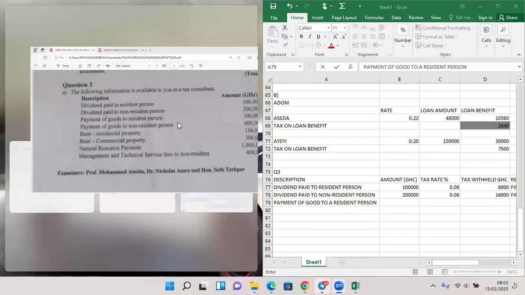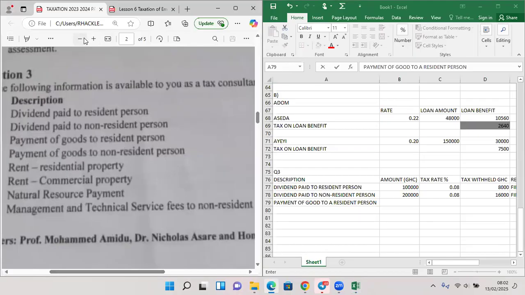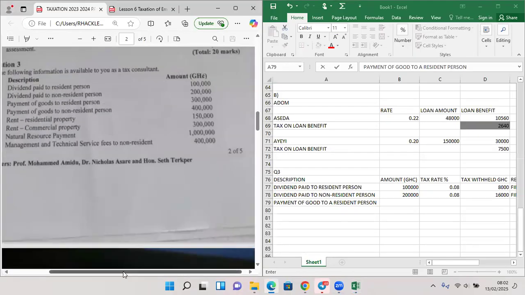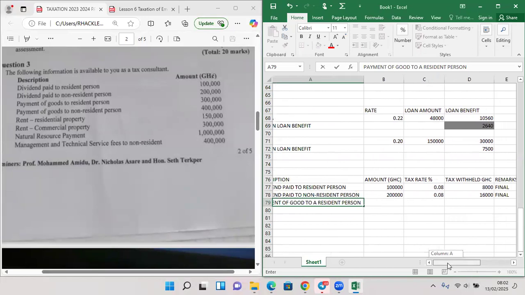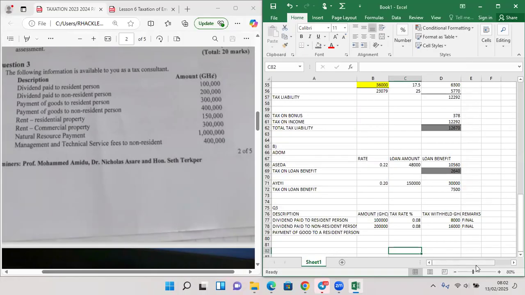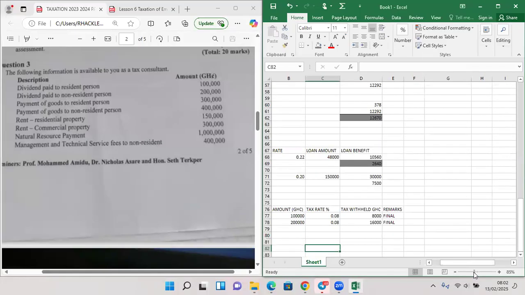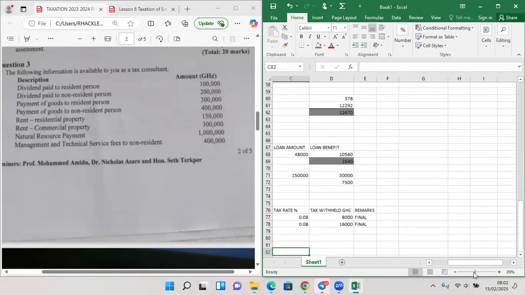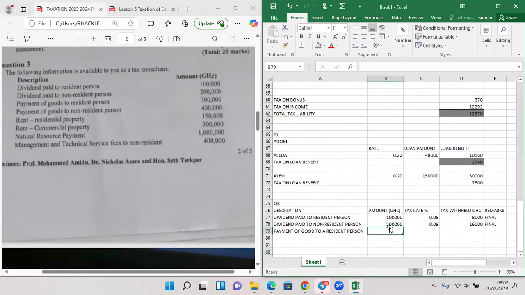Let me see whether I can put this first. Payment of goods to a resident person, 300.